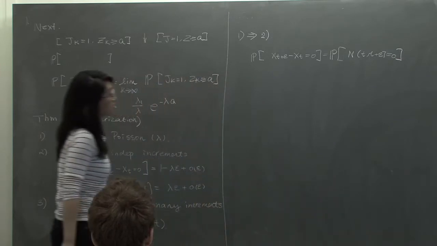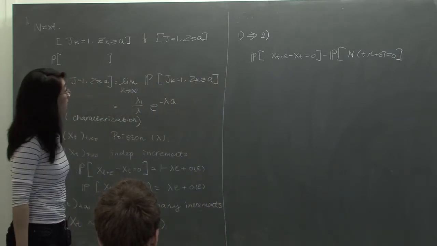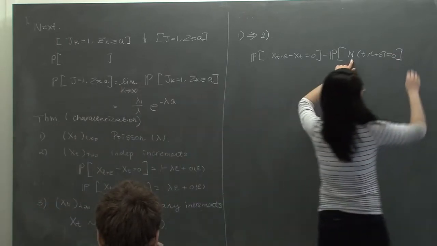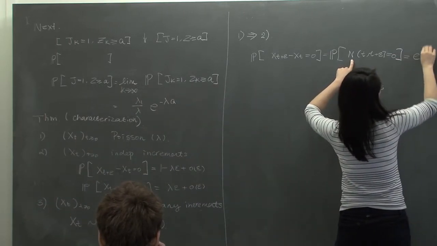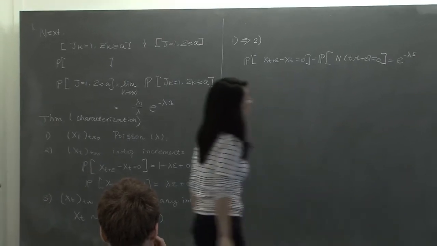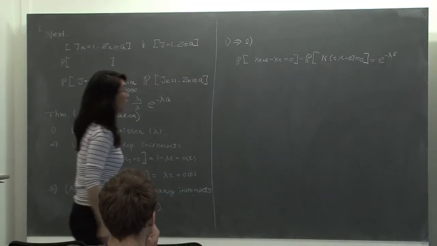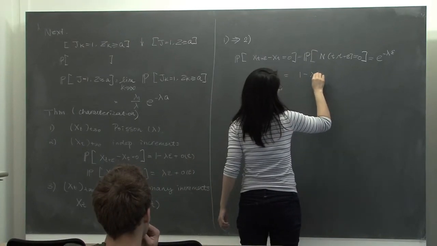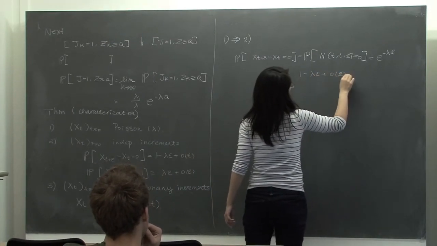This counting process is a Poisson random variable with intensity lambda times epsilon. So the probability of it equaling 0 is e to the power minus lambda epsilon. So of course, it decays like 1 minus lambda epsilon plus an error term.